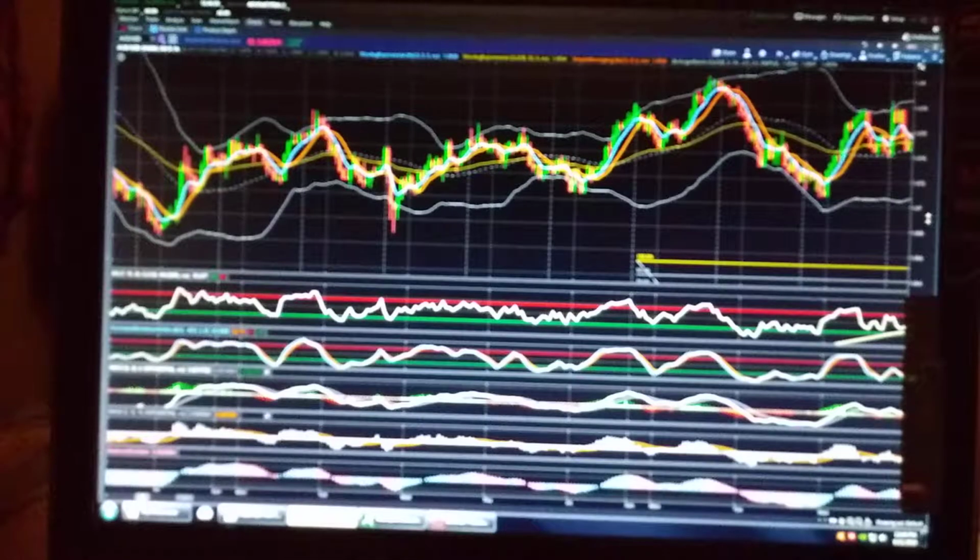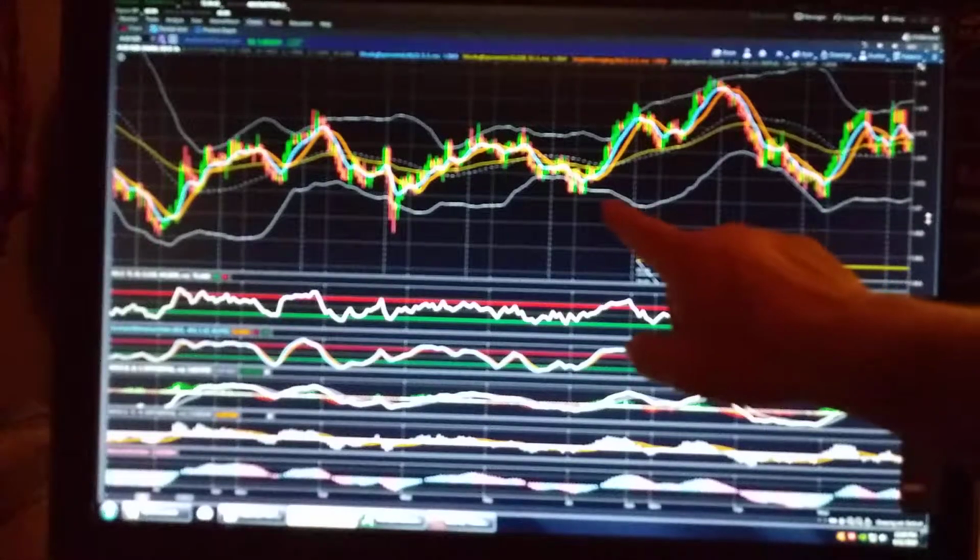And I keep my eye open somewhat for if a harmonic pattern or a harmonic pattern wannabe seems to show up, such as maybe over here.